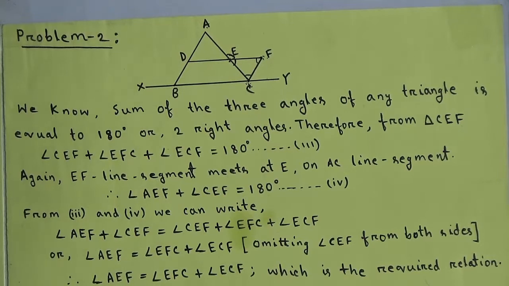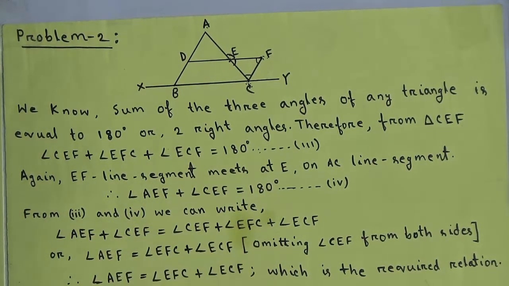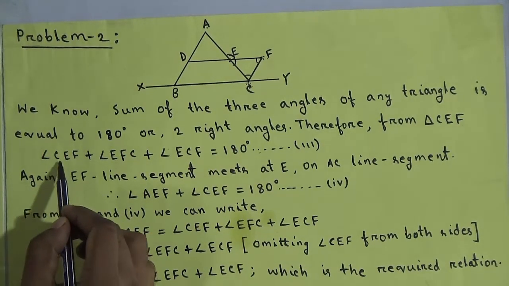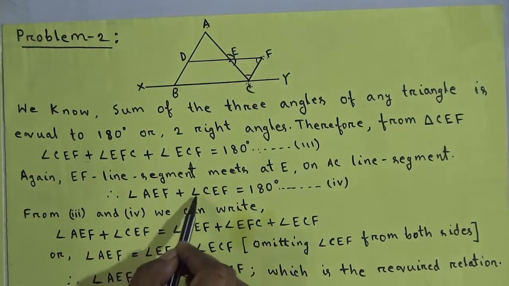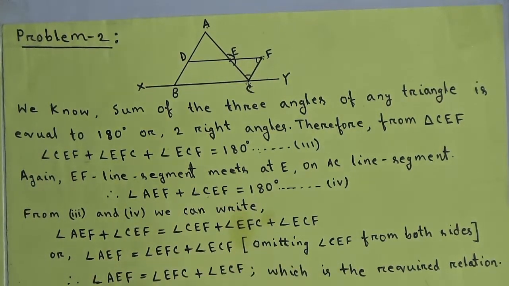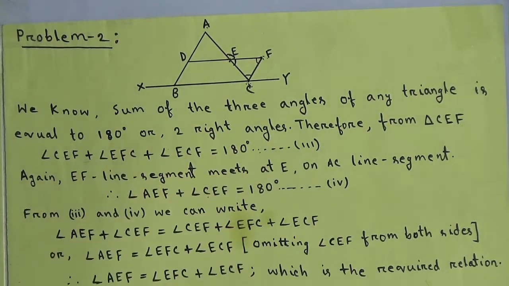Dear students, we have got two equations here, equation 3 and equation 4. The sum of these three angles equals 180 degrees and the sum of these two angles also equals 180 degrees. So we can write the sum of these three angles equals the sum of these two angles.